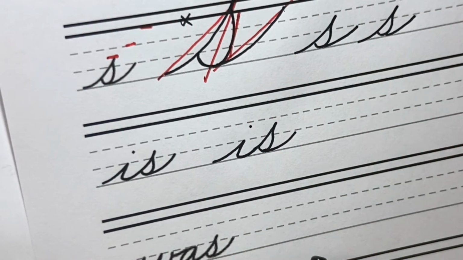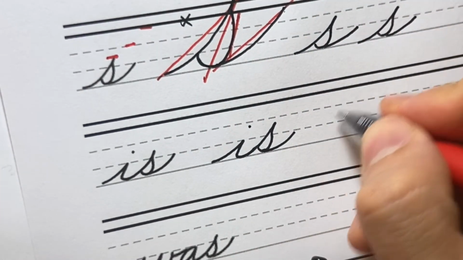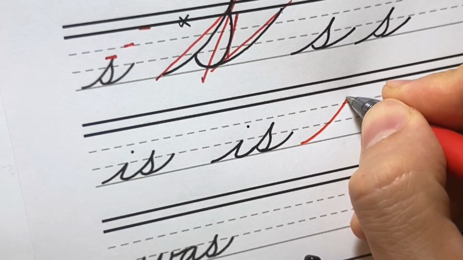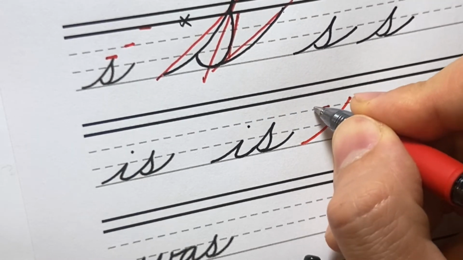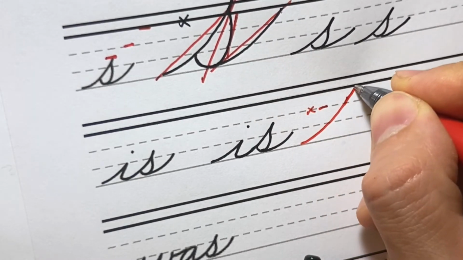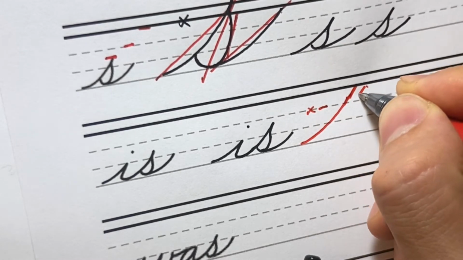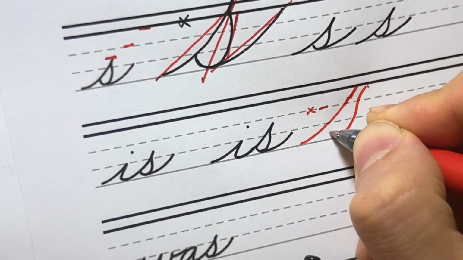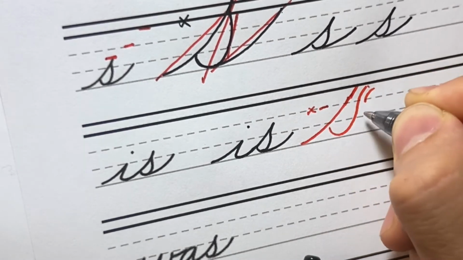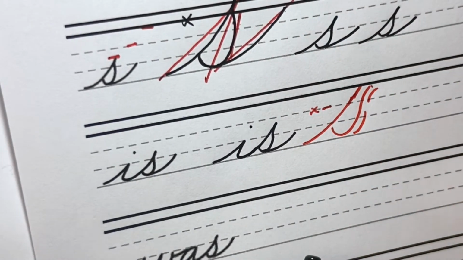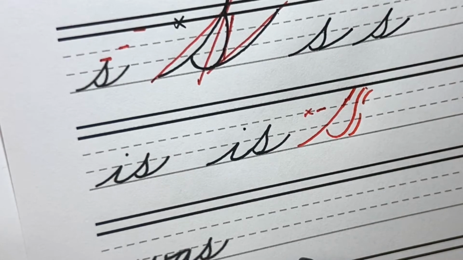That S move does have a little bit of a compoundness to it. Note when I go up, let's just say I'm going up to the TD line, this is my X. I go up above that X, and then I'm going like this. Notice how it's like that, and then like that. Pay attention to these little tiny details.